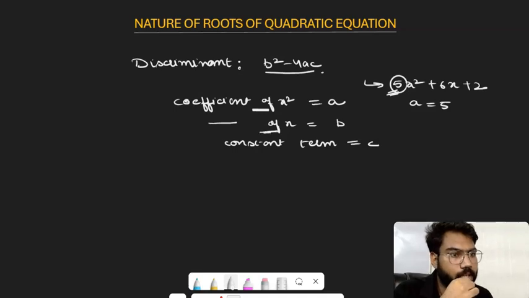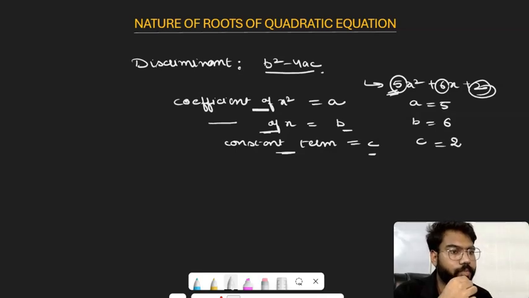The coefficient of x, whatever is placed in front of x, is known as b. The value of b here is 6. And the constant term is that term which is free from any kind of variable, so the constant term is 2. The constant term is denoted by c, so the value of c is 2. I think you are able to understand what a, b, and c are.